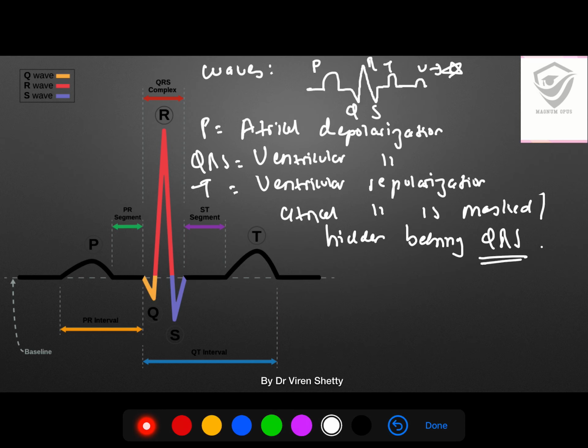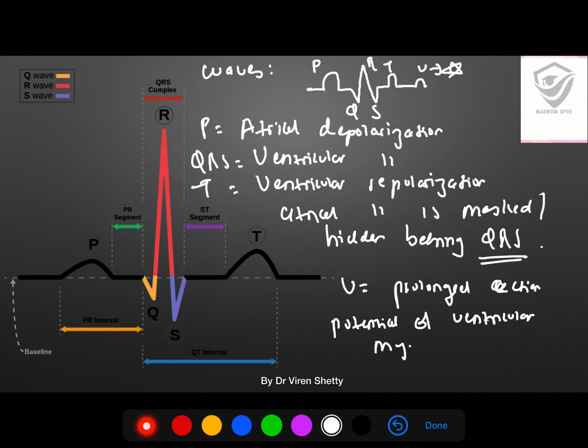That is the answer. Sometimes we get a U wave. Why? A U wave can come sometimes due to a prolonged action potential of the ventricular cells, that is the ventricular myocytes, or because of a prolonged repolarization of the papillary muscle.